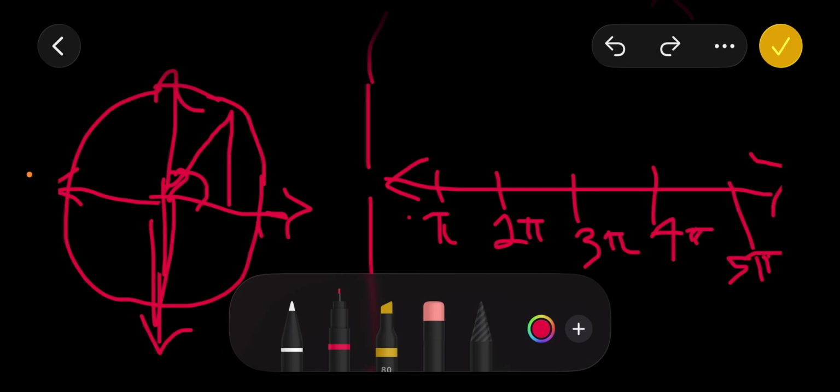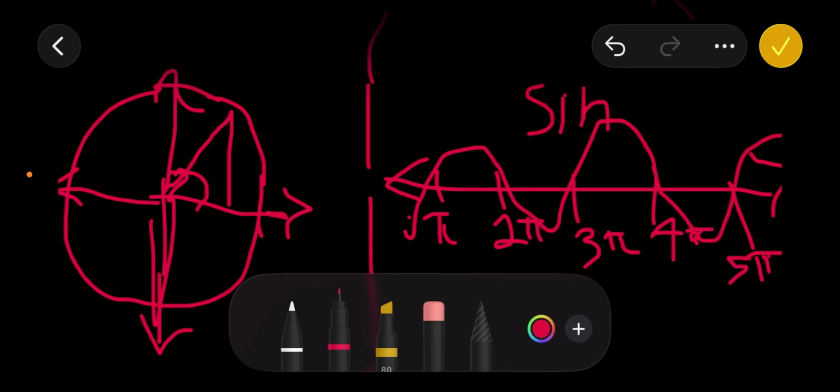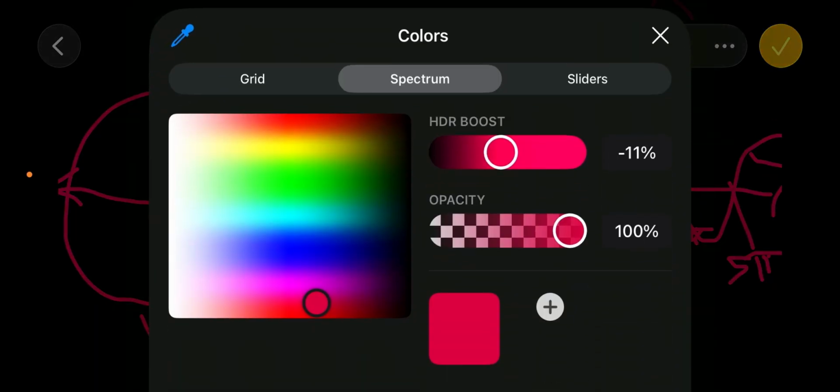sine actually forms a wave. So if we move it across the unit circle, it creates this cool wave. And this is called the sine wave. And the cosine creates a different wave, like this. Wait, let me choose a different color.